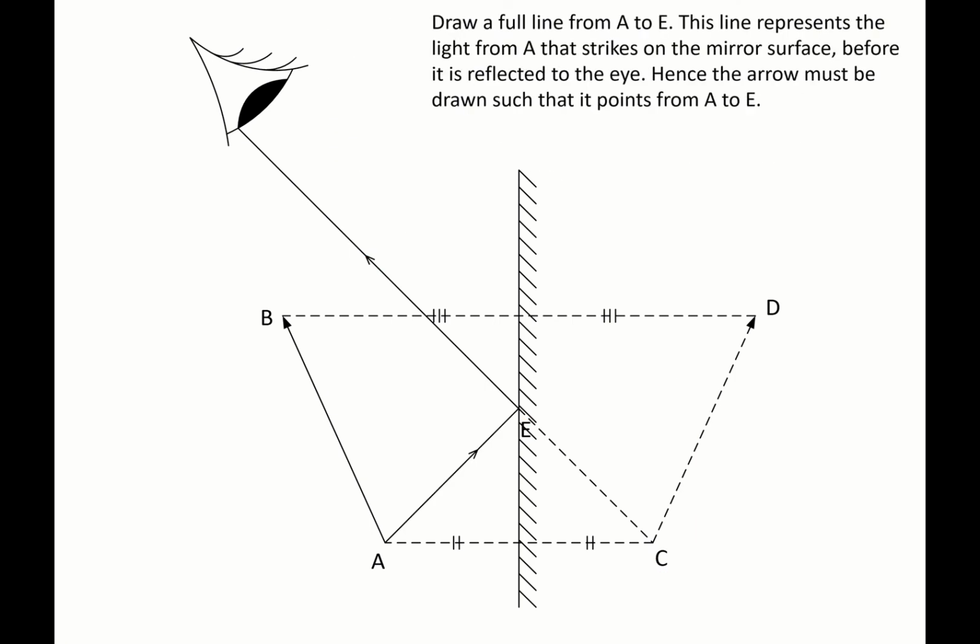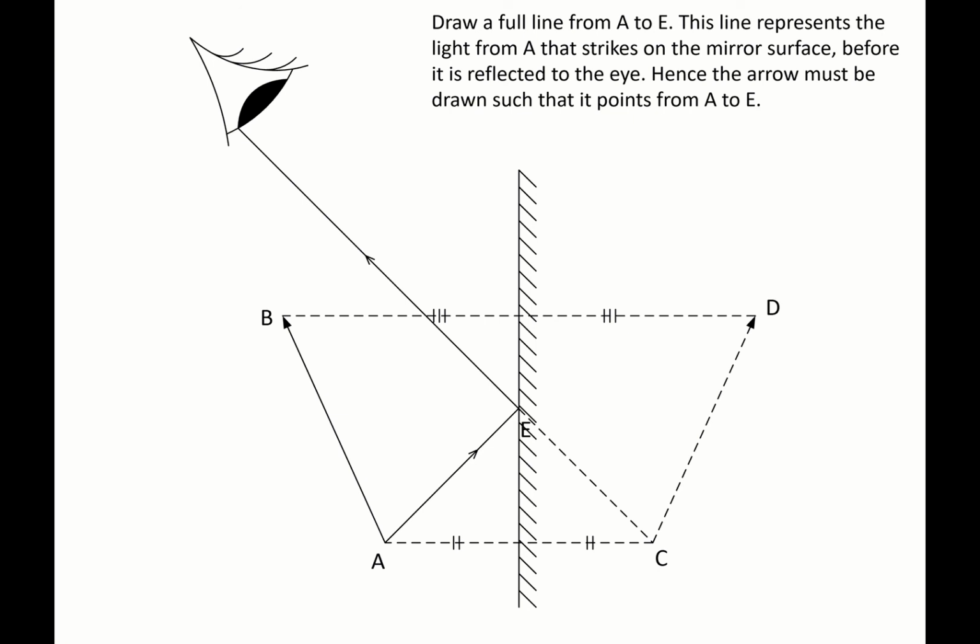After that, for the next line, you're going to draw a full line from A to E. Now this line is outside the mirror, and a full line represents the light ray as mentioned earlier on. And this light ray strikes the mirror surface before it's reflected to the eye.